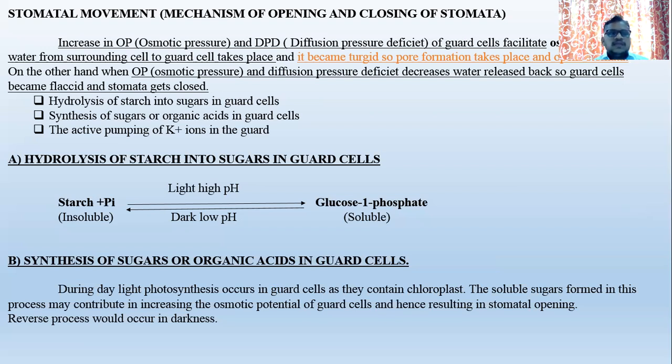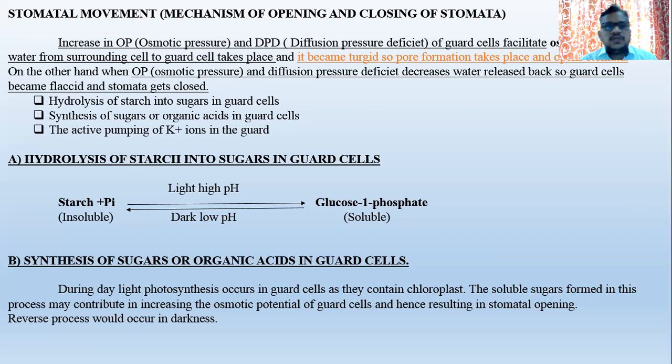Then on the other hand, when osmotic pressure and diffusion pressure deficit decrease, water is released from the guard cells, and it becomes flaccid, so the stomatal pore gets closed. So whenever osmotic pressure increases, because of the diffusion pressure deficit, the guard cell gets the water or solutions, so that it becomes turgid, and that's why the pore gets opened.